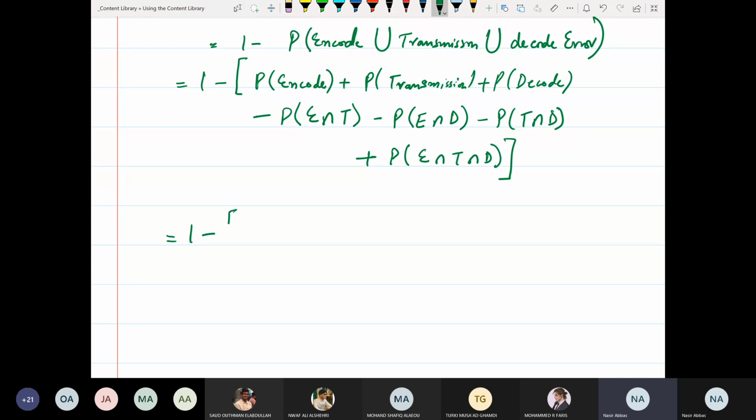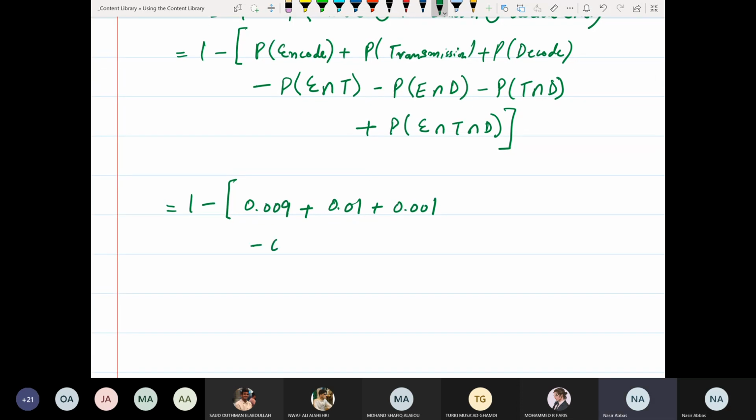1 minus probability of encode error is 0.009. Transmission error is 0.01. Decode error is 0.001. E intersection T will be 0.009 times 0.01. E intersection D will be 0.009 times 0.001.